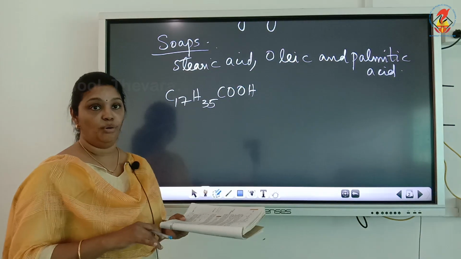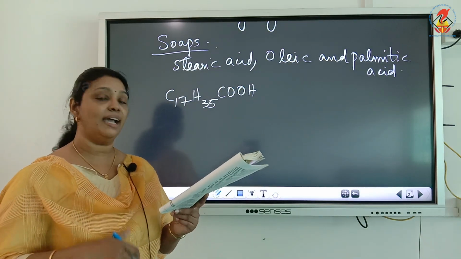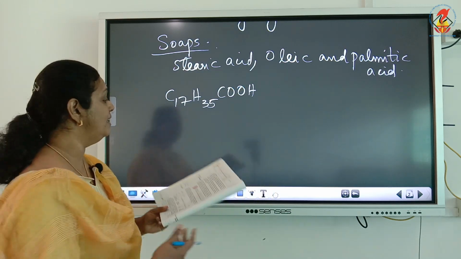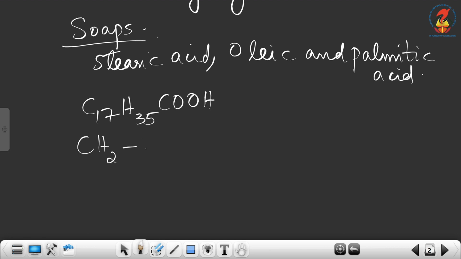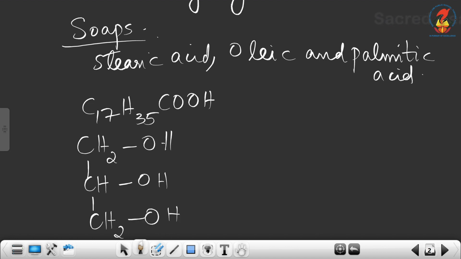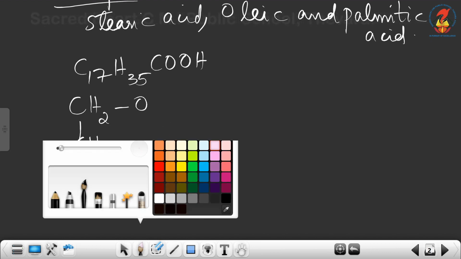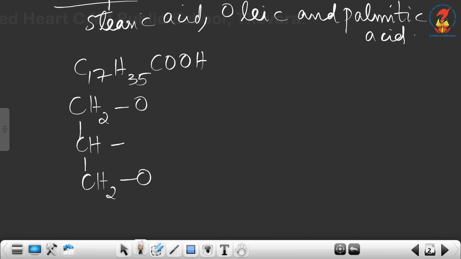Now, to prepare soap, we have to take the glyceryl ester of stearic acid. So, the formula of glycerol is CH2OH, CHOH, CH2OH. Now, to write the glyceryl ester, I am going to replace the hydrogen of glycerol with C17H35.